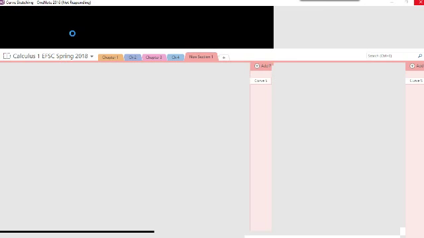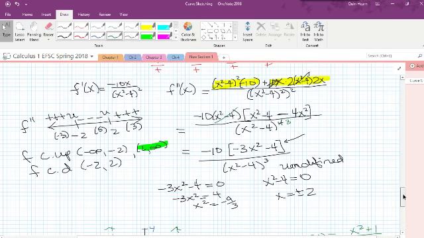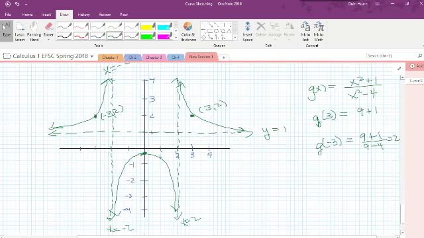Between 0 and 2, still concave down, but decreasing, right? Then from 2 to infinity, we have concave up, right? Which makes sense if you look at where we're drawing.